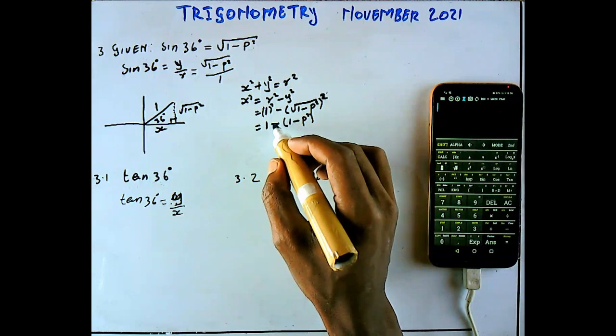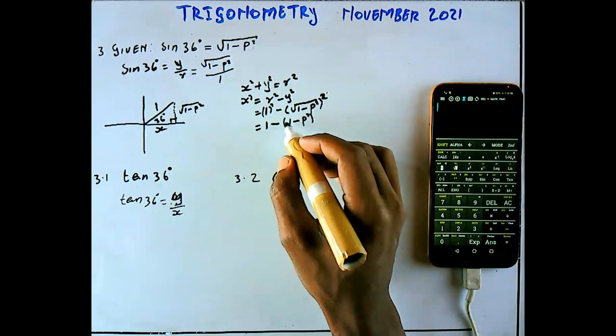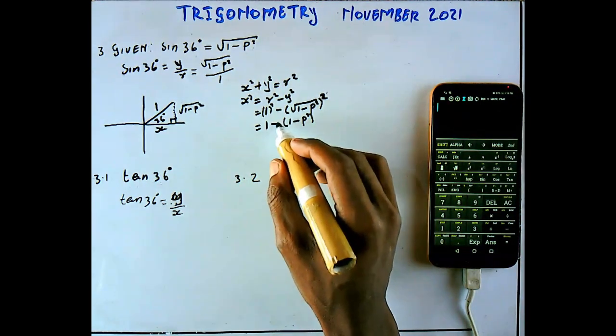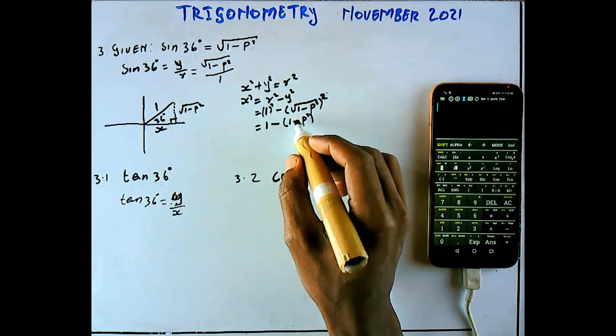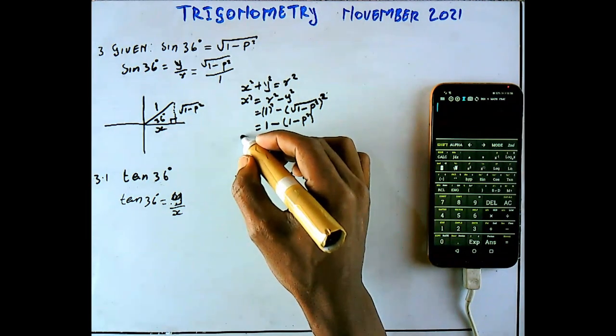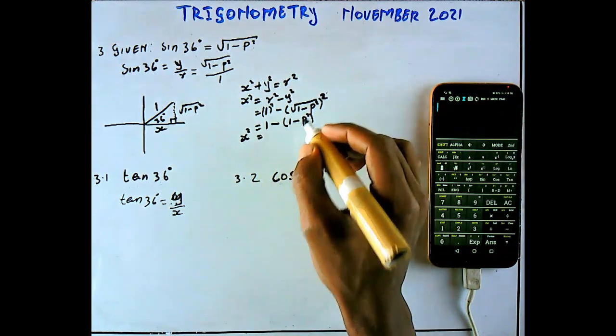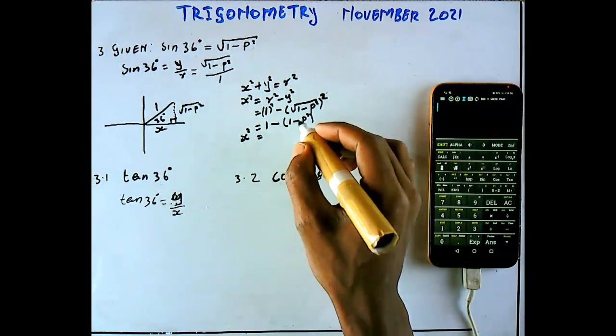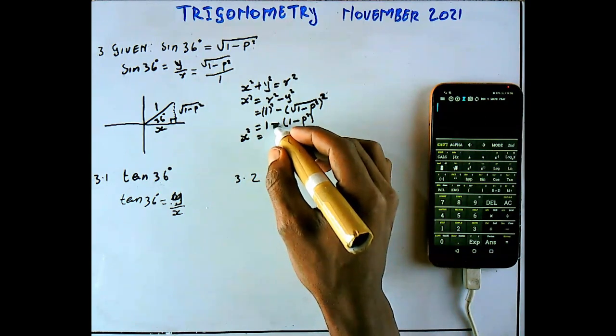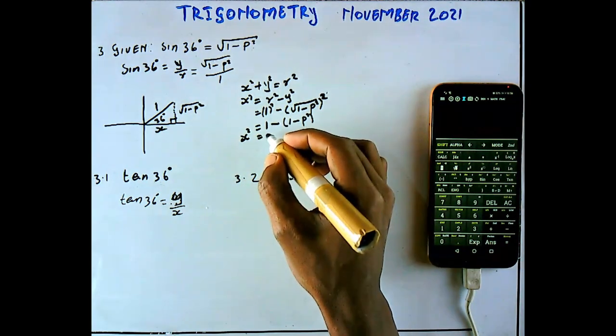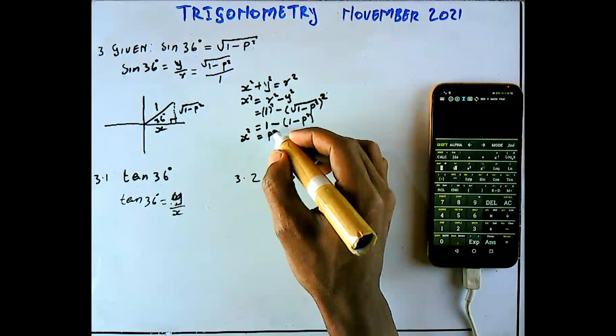And then if we multiply everything by -1, this one is going to be -1, this one is going to be positive. So x squared equals, we are left with p squared, because this one becomes positive if you multiply by -1, equals p squared.